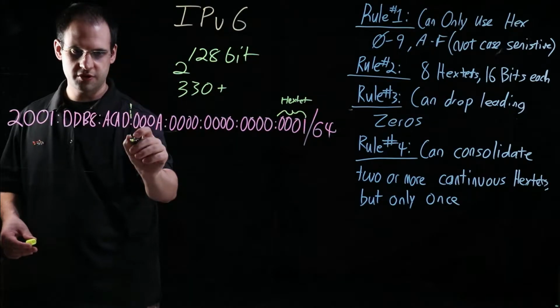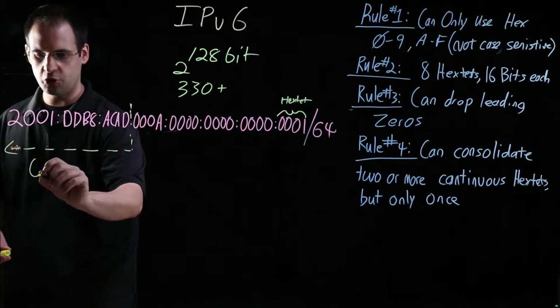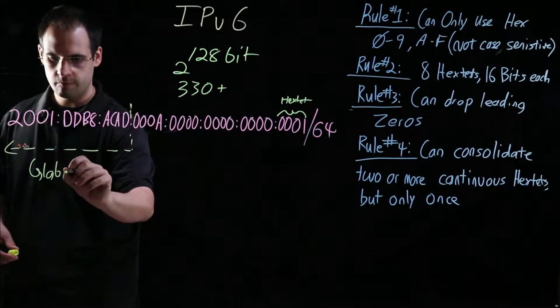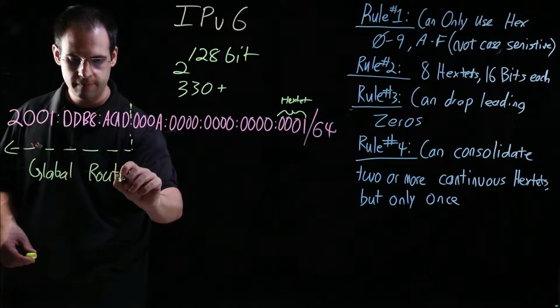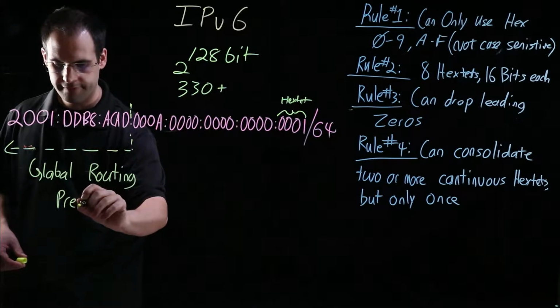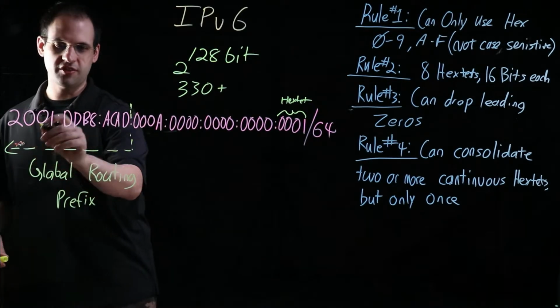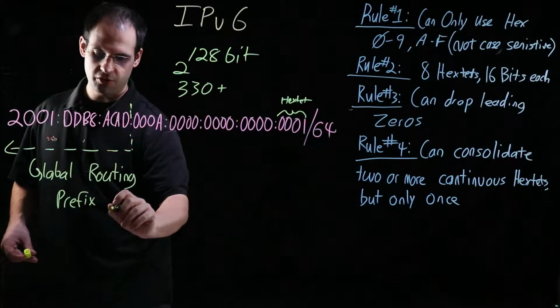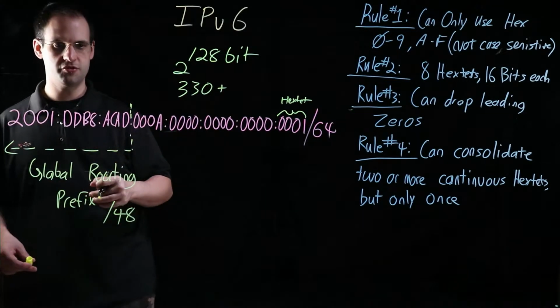I'll draw a dotted line this way. These are called your global routing prefix, or, as you can see, your /48, the first 48 bits of your IPv6 address.